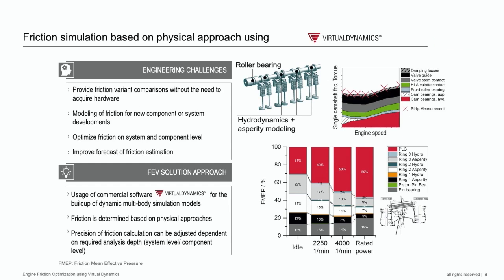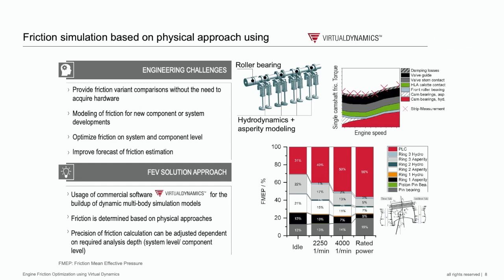The precision of friction calculation can be adjusted depending on the needs. So if you want a very detailed look into friction modeling, we can shoot at the problem with some EHD formulations, or we can use rather simplified approaches that cover the major impacts.